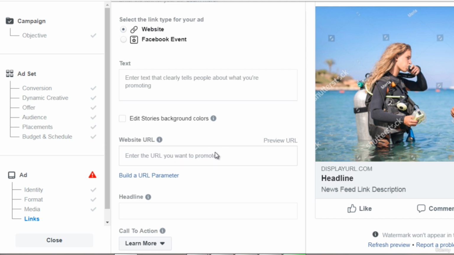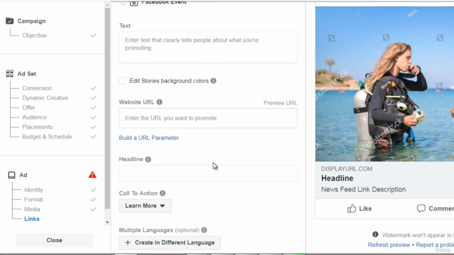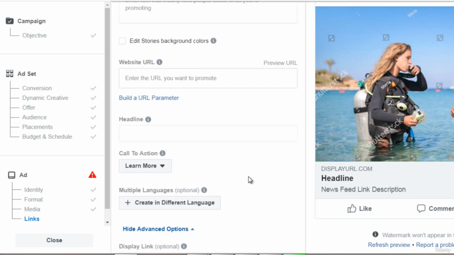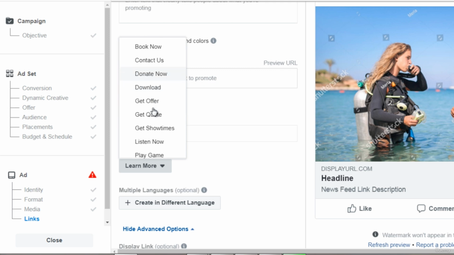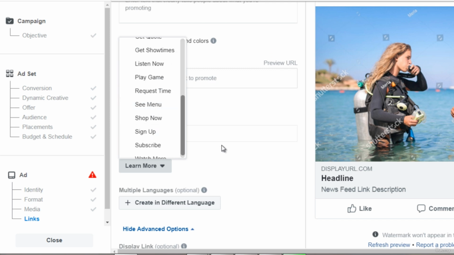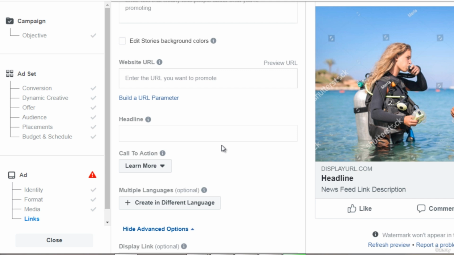If you enter the website URL, it displays the URL here. And then you have the headline, you have the call to action, which appears further to the right, on the right-hand side. So the call to action can be learn more, apply now, book now, contact us. It really depends on your offer, and you can go from there.